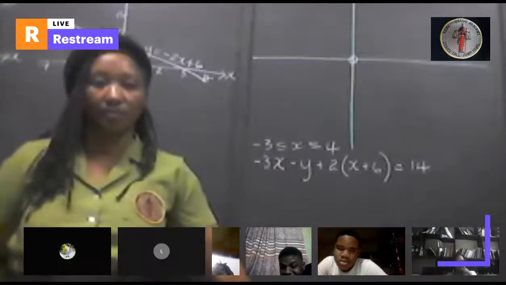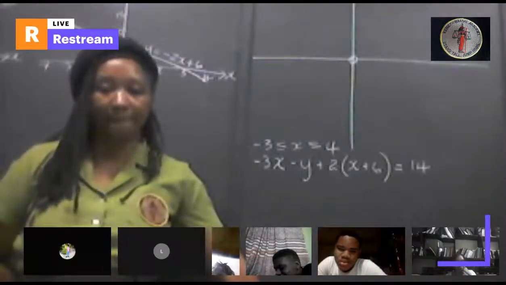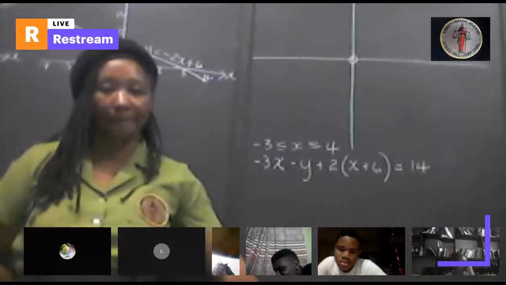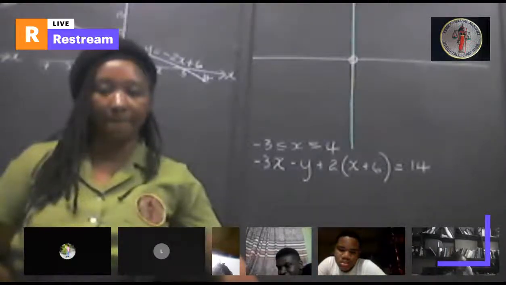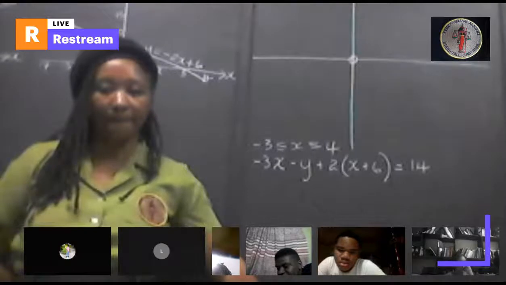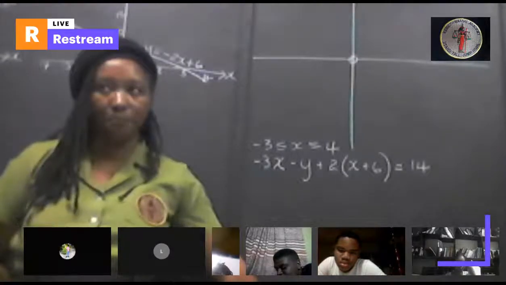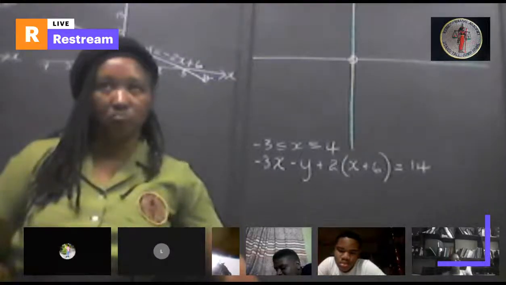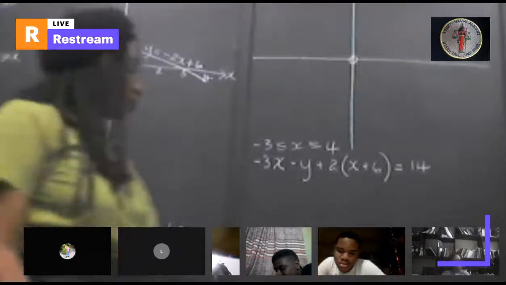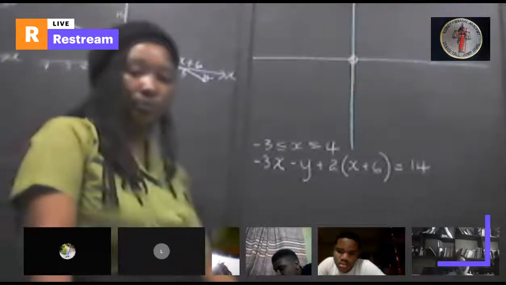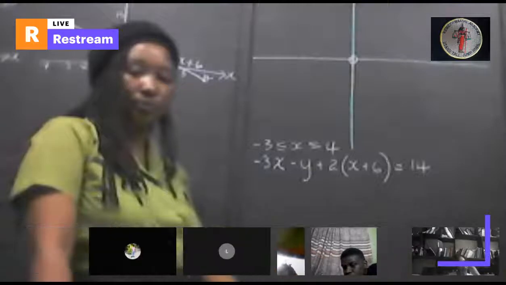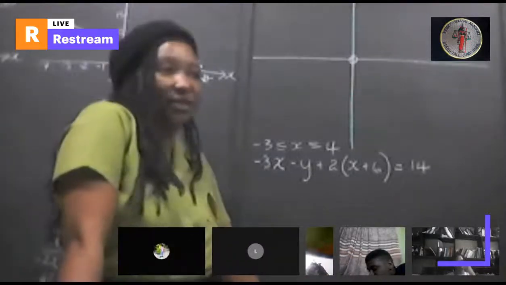Miss, to get the points to plot the graph. Why do we need to get only the y on one side and everything else on the other side?